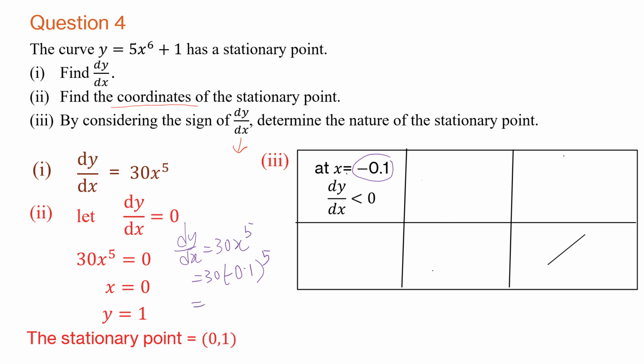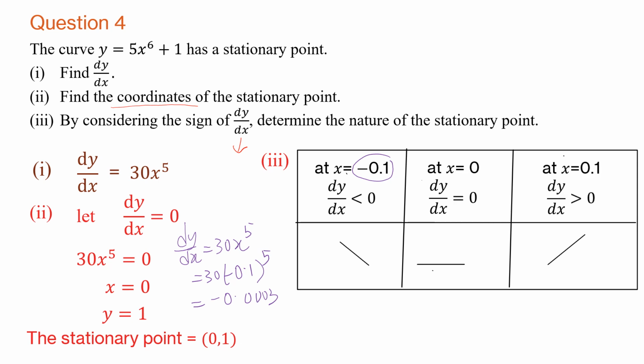If you use a calculator, you will see that this value comes up to be negative 0.0003, and that is a negative gradient. So for a negative gradient, this is how your gradient line will look in this direction.